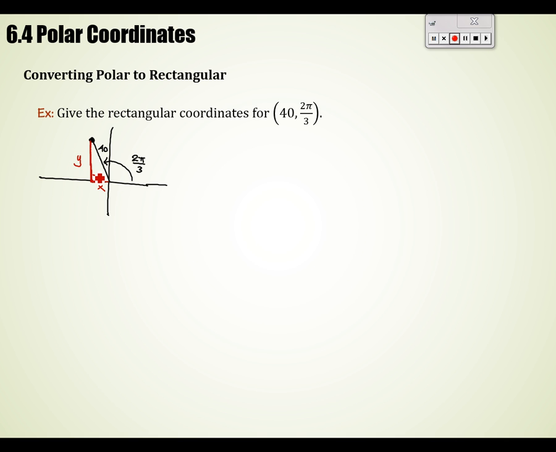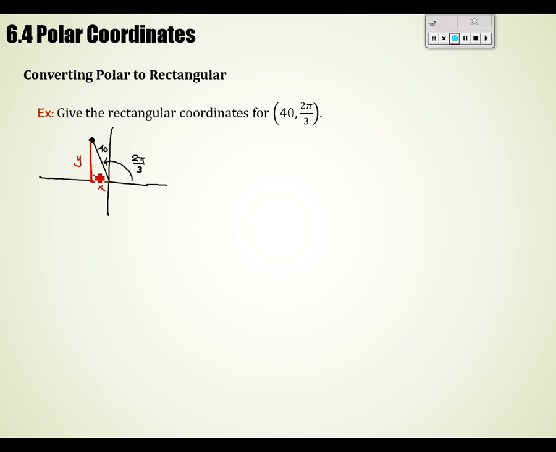Figure it out. What's the question? Yeah. You can call them rectangular or Cartesian. Did you do it?